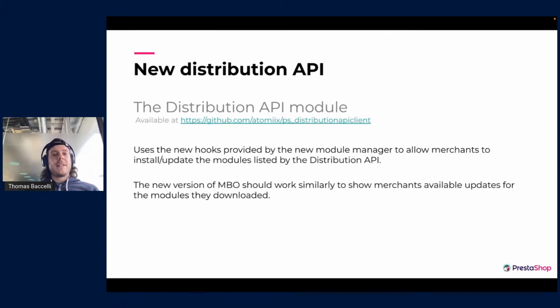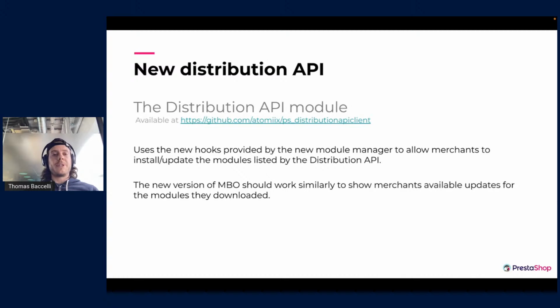And the last part is the new distribution API module. As of today, it's only available on my personal GitHub profile, but it will soon be transferred to the PrestaShop organization. As I told you before, the main goal of this module is to fill the gap between the API I showed you and the new module manager.